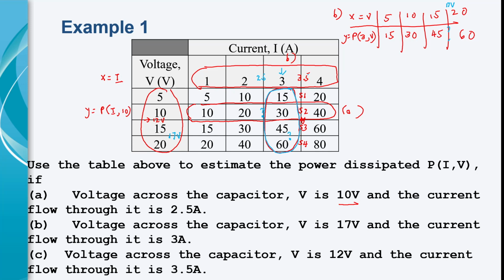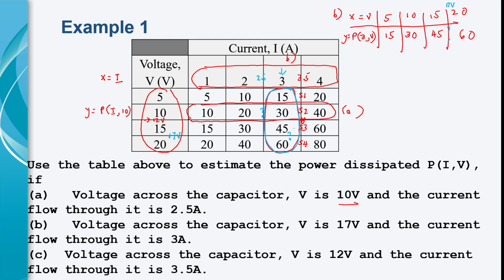Hence, step 1, take the first row of data and interpolate when the current is 3.5 while the voltage is fixed at 5. Step 2, fix the voltage at 10, take the second row of data, and the current is 3.5. You get the result of step 2 here.